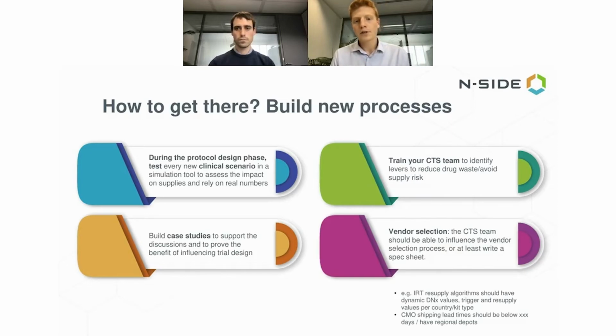A fourth point is, as we mentioned already earlier, if the supply team can be involved in the selection of a vendor, it's always great if it impacts the supply. We discussed the IRT, as they're very different. It's important to customize it and to choose the right one depending on the parameters. But it is the same for the CMO. All the CMOs are not exactly the same. They have typical ways of working and typical constraints.